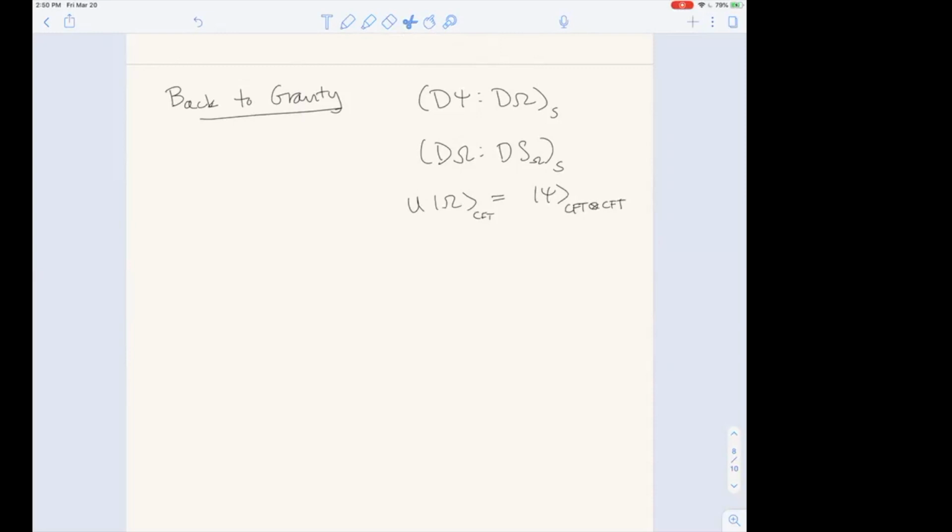All right, so back to that gravity example, to the peninsula case.